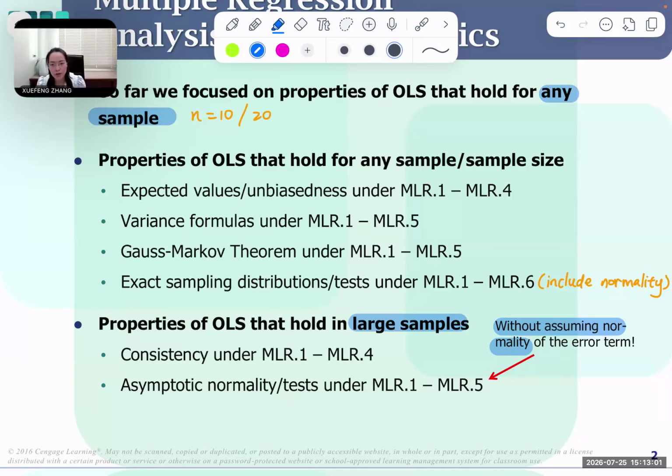Even if u is not normal, if our sample is large enough, our estimator still behaves well and our t-test, F-test still work, okay? Just approximately, not exactly. That's why this matters so much in real applications where normality is often questionable.